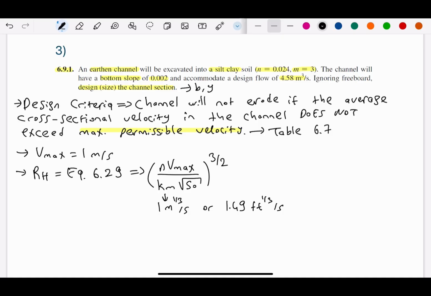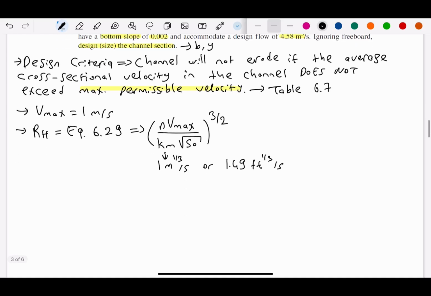So to do that, we need to find some values such as area, perimeter or hydraulic radius, so that we can create some relationships between these equations, and we can get the size of the channel.